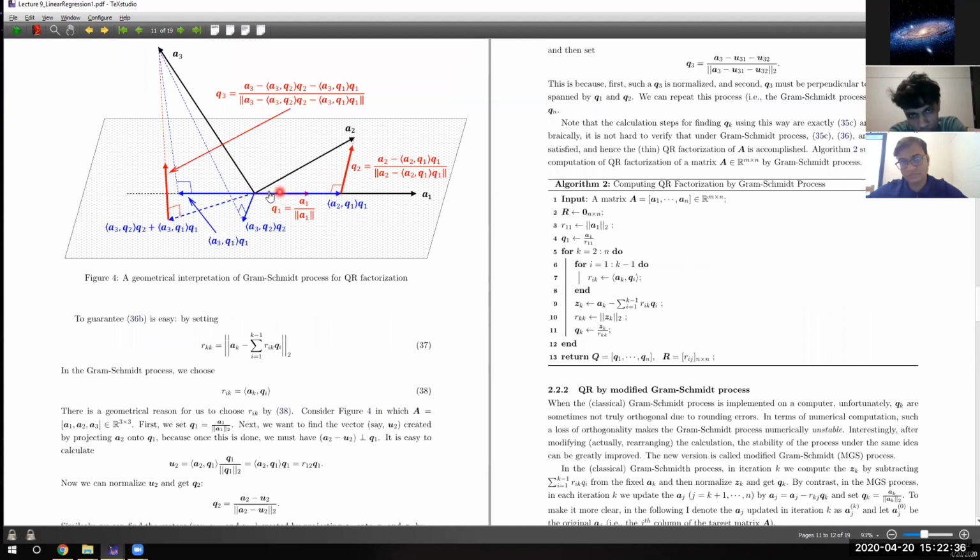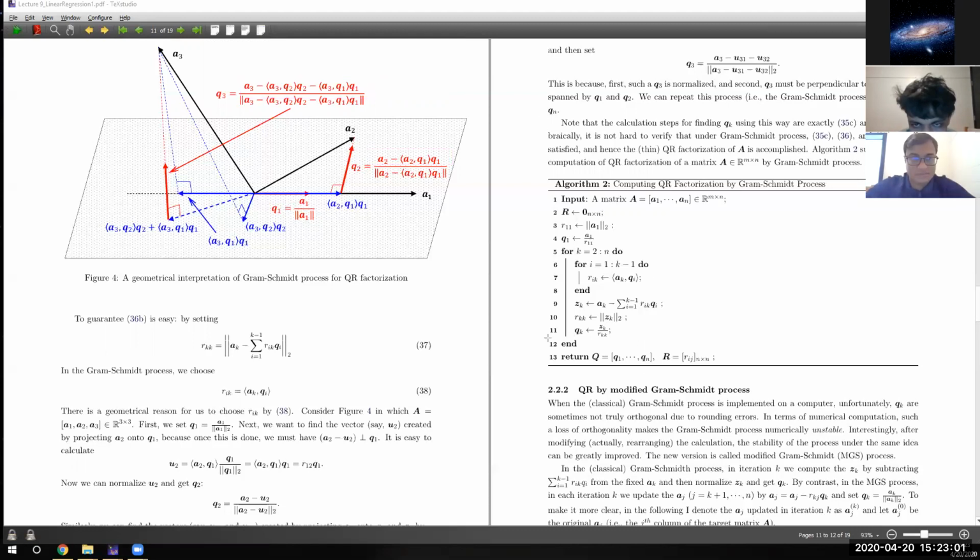For example, have a look here. By the way, here the zk is actually this. These kind of things are the zk, okay? Z2 and Z3, the numerator, and rkk is the denominator, so that you have qk equal to zk over rkk, which is the norm of zk, okay?